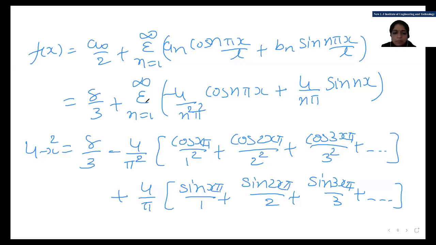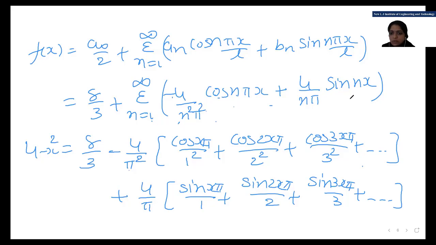See, if I put n is equal to 1, 2, 3 up to infinity in both the terms, then for the first term minus 4 upon pi square here. So if I put here n is equal to 1, then my first term is cos pi x upon 1 square. For 2, cos 2 pi x upon 2 square. For third term, cos 3 pi x upon 3 square.